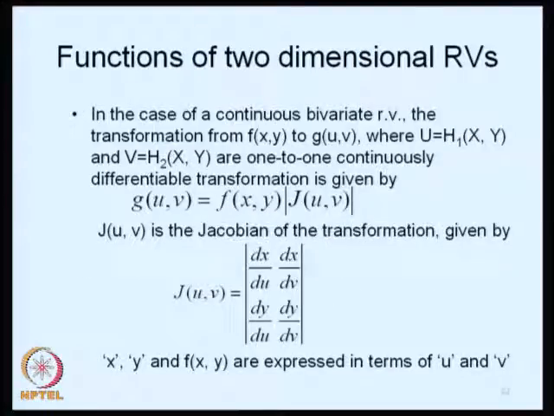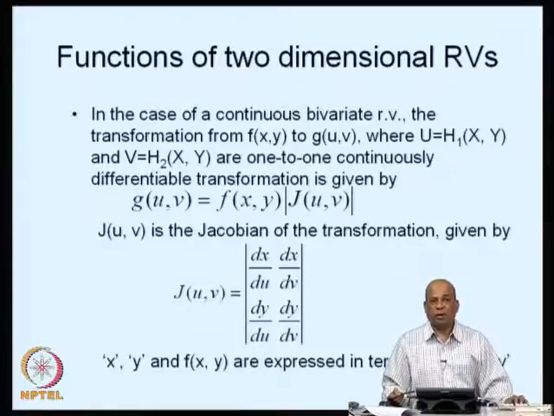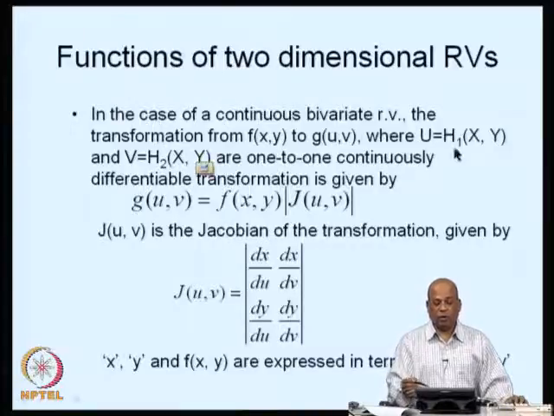Okay, the same concept we extend to functions of two dimensional random variables. In the case of a continuous bivariate random variable, we have the joint density f of x y, and we are interested in getting the joint density g of u comma v, where u is a continuous one-to-one function h 1 of x comma y, and v is another continuous one-to-one function h 2 of x comma y.